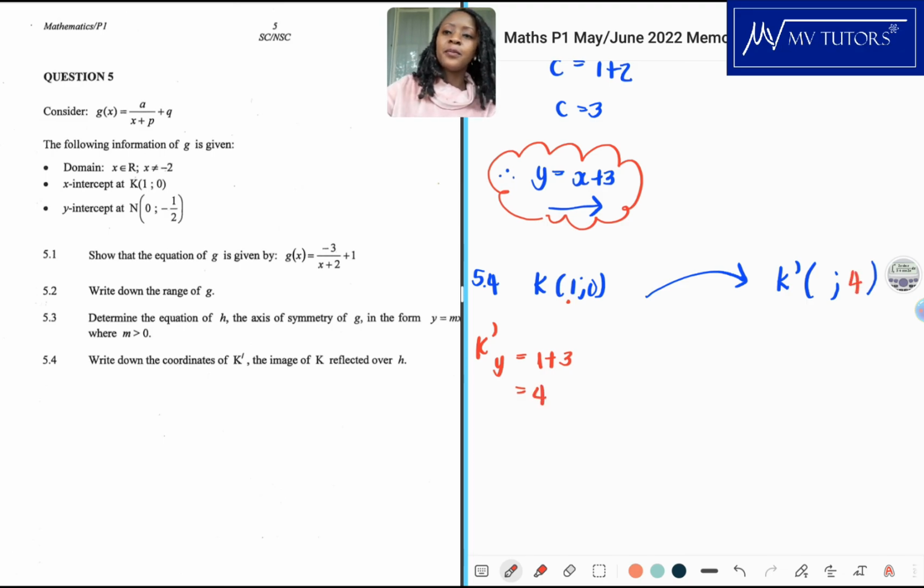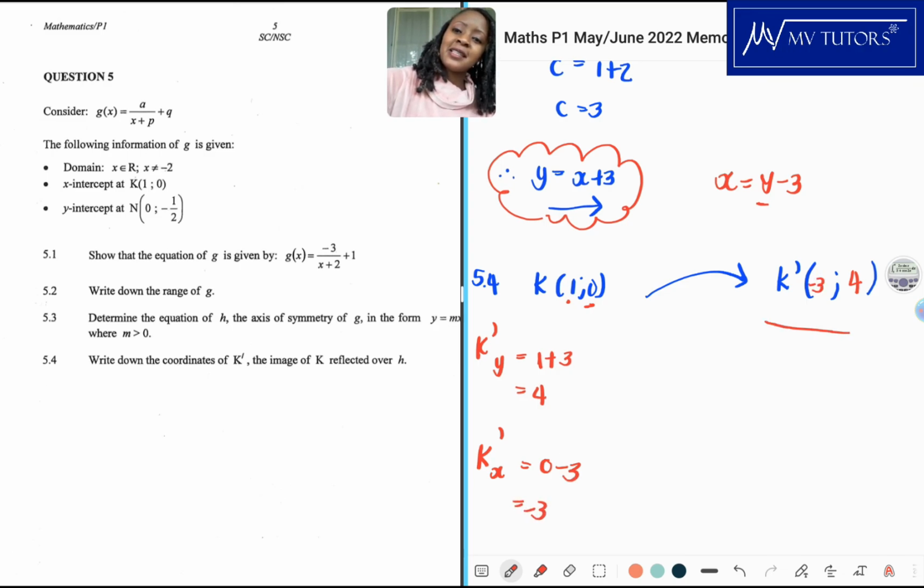Then if I take this equation, y = x + 3, and rewrite it in terms of x, meaning x = y - 3, for me to get my x coordinate, I would take y. So what is y here? y is 0. 0 minus 3, therefore I have -3.